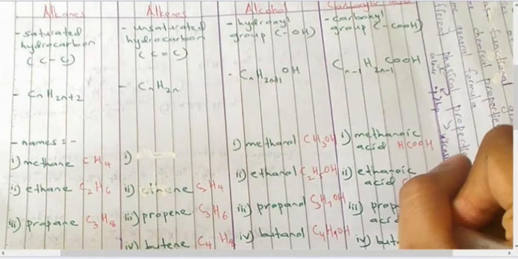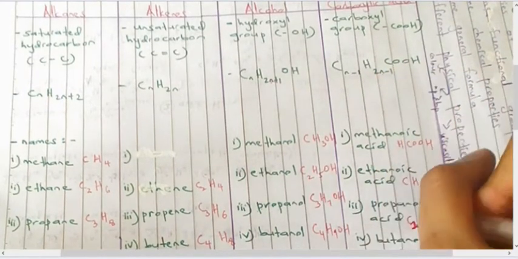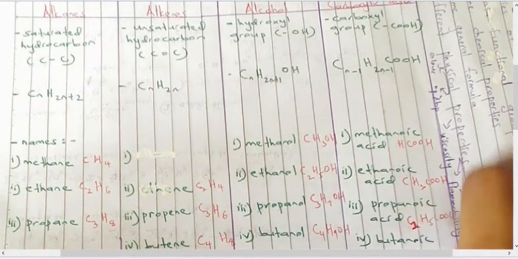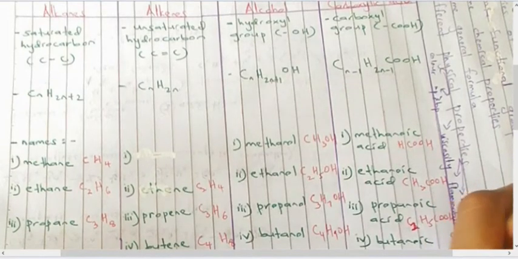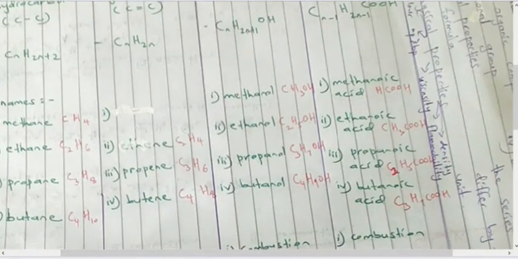Propanoic acid: you do 3 minus 1, so it becomes C2, 2 times 3, 6 minus 1, 5, then COOH: C2H5COOH. Butanoic acid: C4 minus 1, so it's C3, 2 times 4, 8 minus 1, 7, COOH: C3H7COOH. So this is their molecular formula based on their general formula.